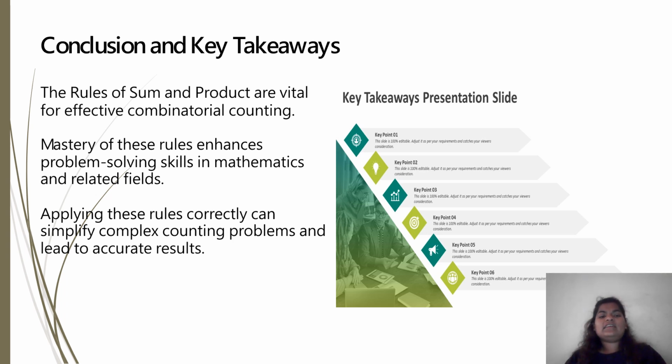Here we can see the conclusion and the key takeaways. The application of the sum and product rules is vital and effective in combinatorial counting. The mastery of these rules enhances problem solving skills in related fields and plays a critical role. Applying the sum and product rules in various applications plays a vital role and has been used everywhere.